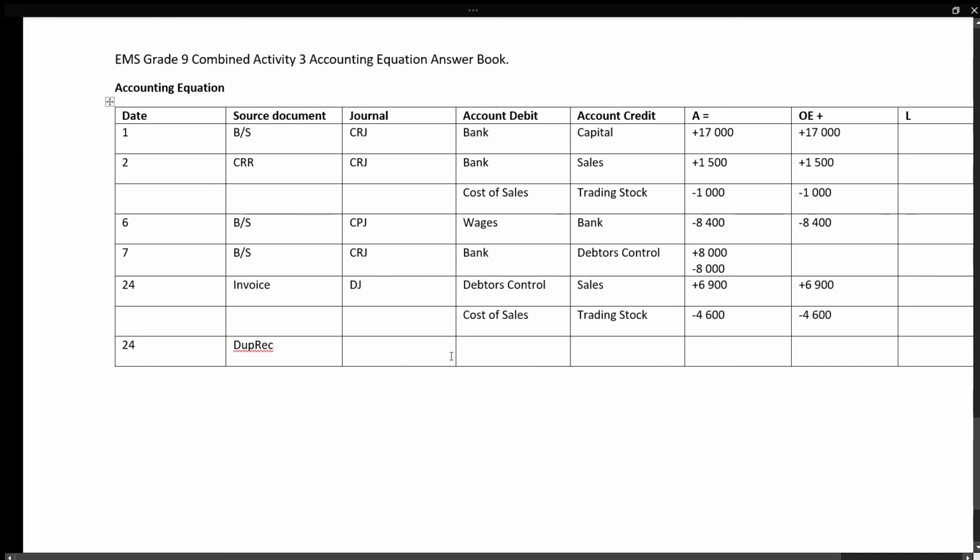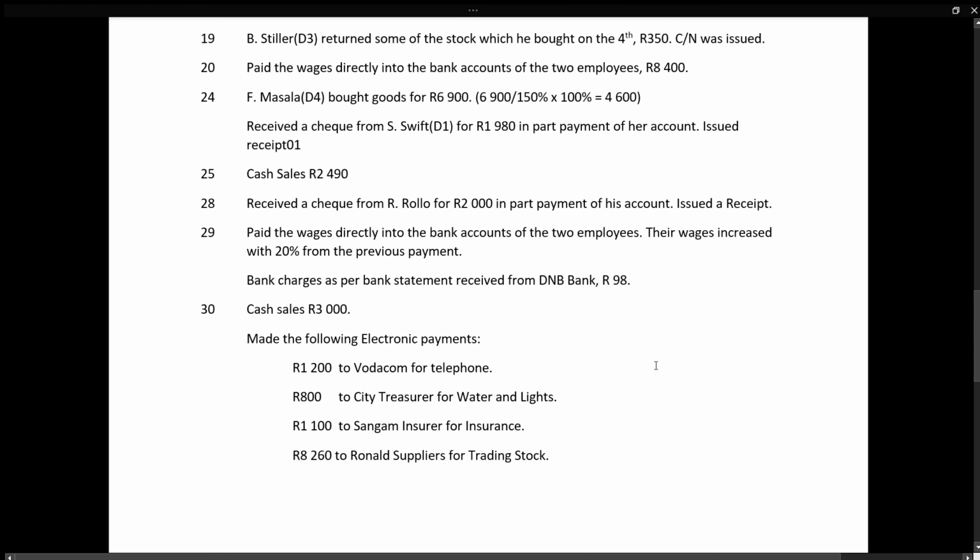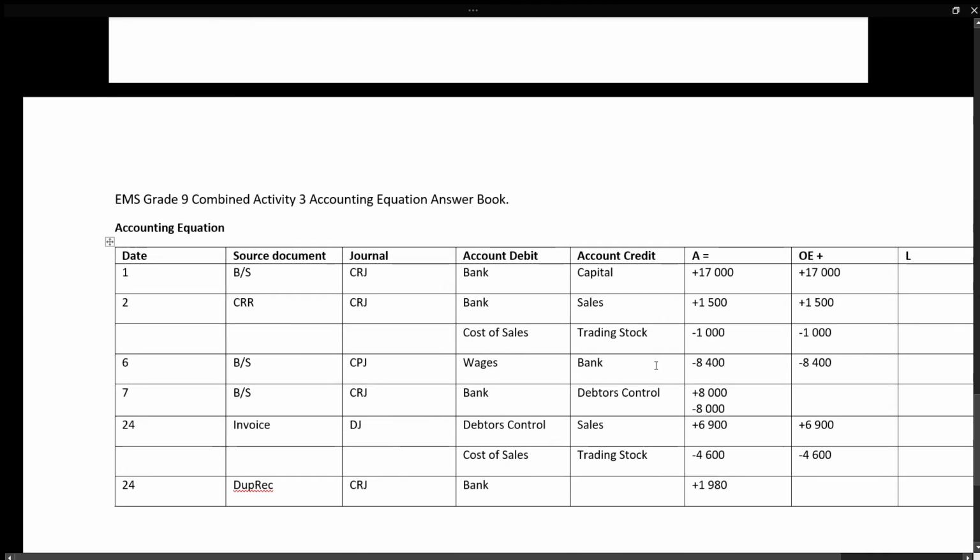We are receiving money, therefore our journal will be the cash receipts journal, and our bank will increase since we are receiving money. Bank is classified as an asset and increases on the debit side, therefore 1,980 Rand. I just want to double check the amount. Yes, I am correct.